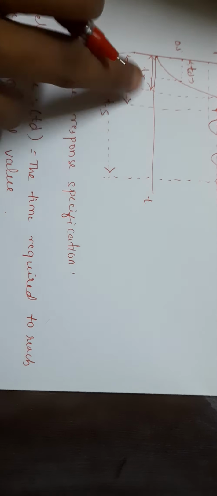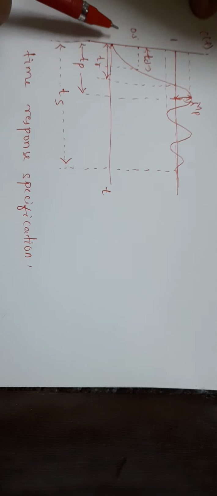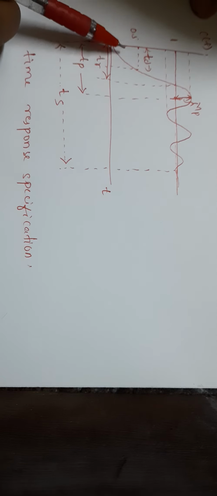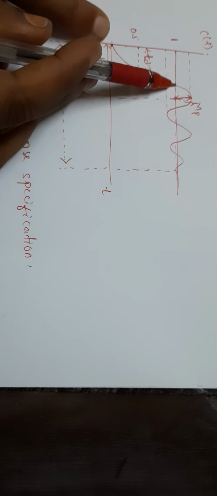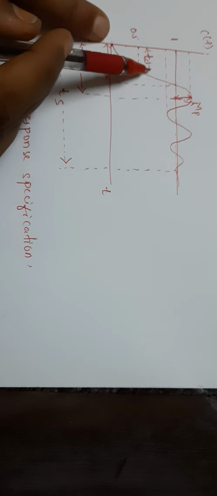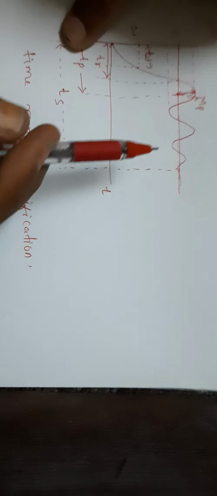Next we will see tr, that is rise time. Rise time is the time taken by the system to reach from 0 to 100%. This is 100%.